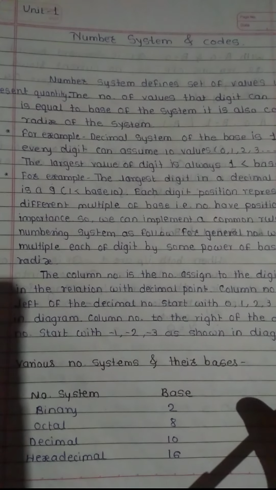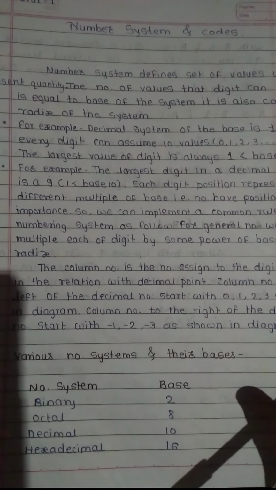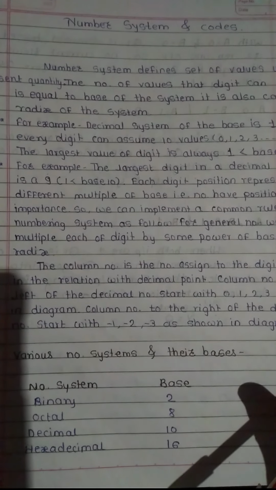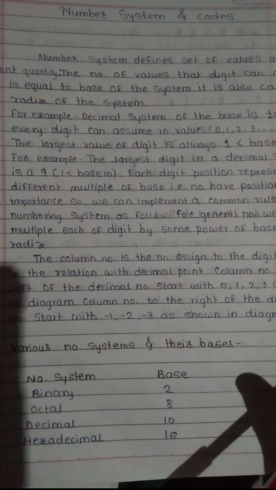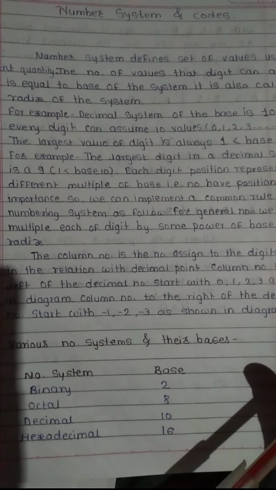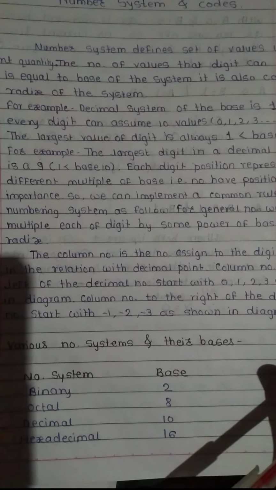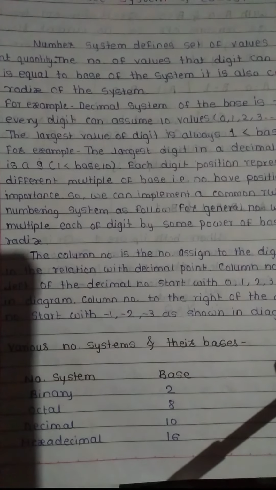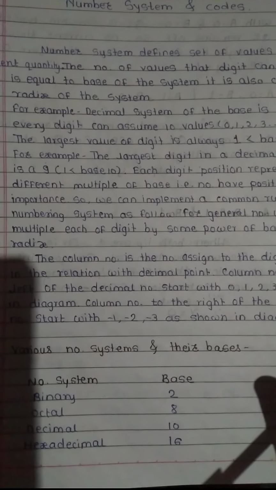If the distinct values are 0 to 7, then that signal is known as an octal signal. If the distinct values are from 0 to 15, then that signal is known as a hexadecimal signal. All these signals are processed by the different number systems: binary, octal, decimal and hexadecimal number system.